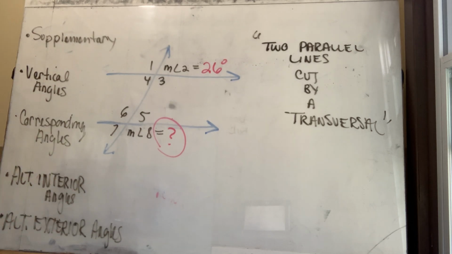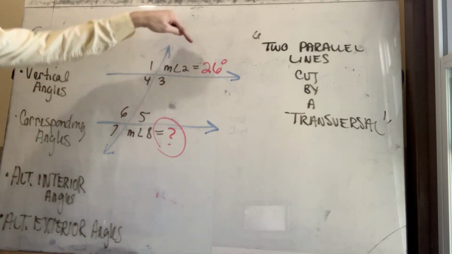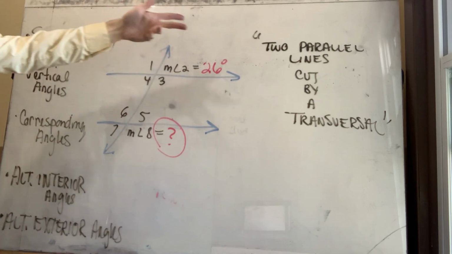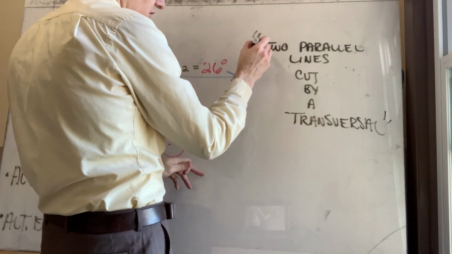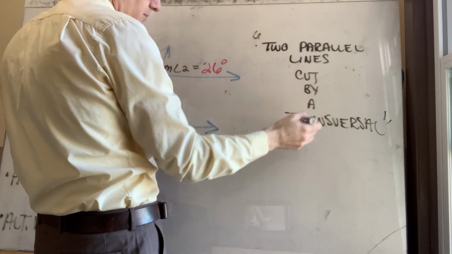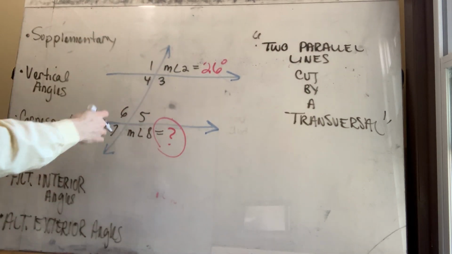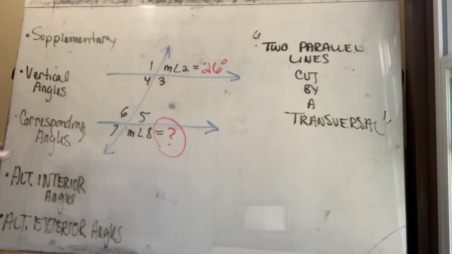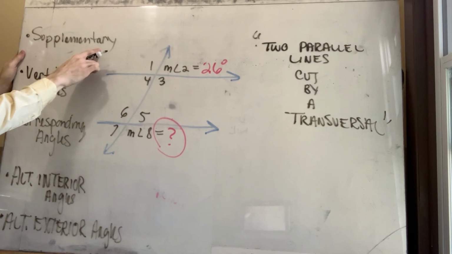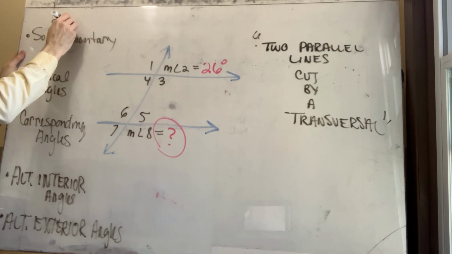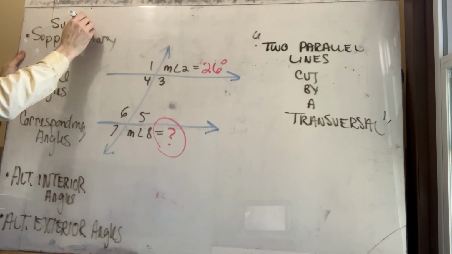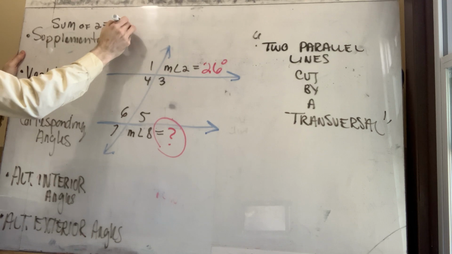You don't need to know anything else but what this is, and the fact that these are in fact two parallel lines cut by a transversal, because that means that there is some symmetry here. If angles are supplementary, the sum of the two equals 180 degrees.